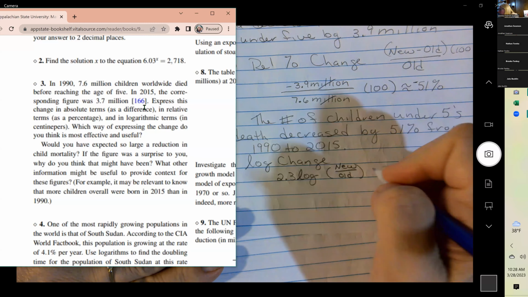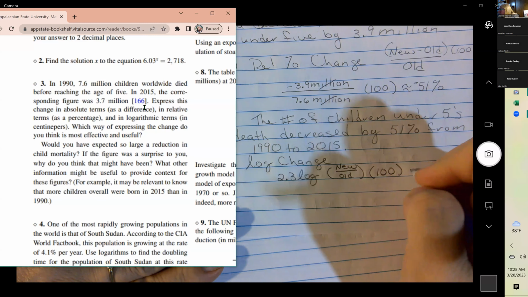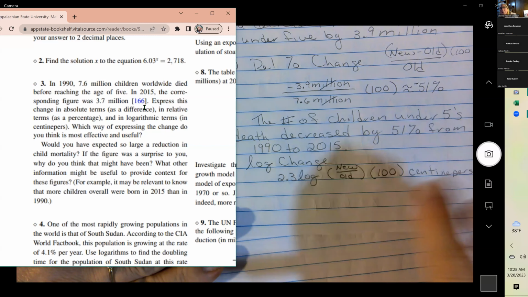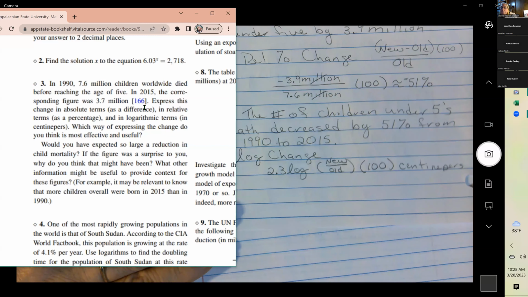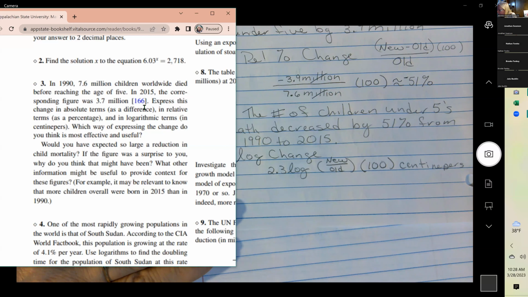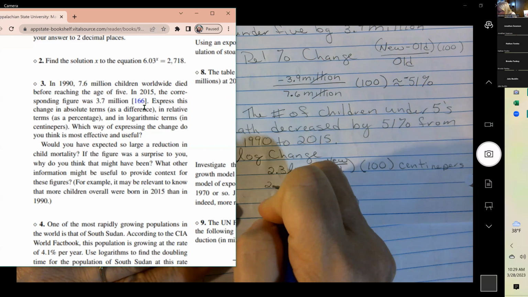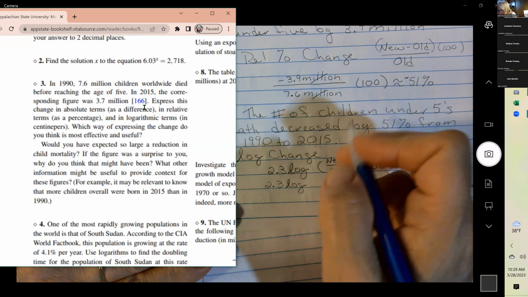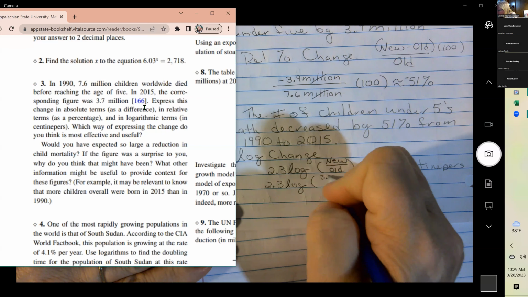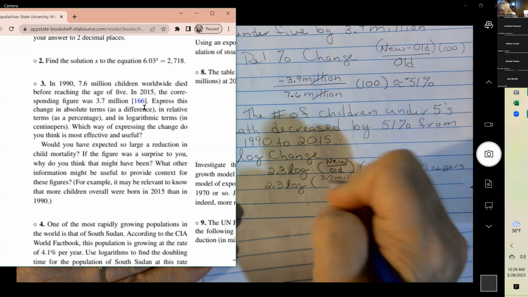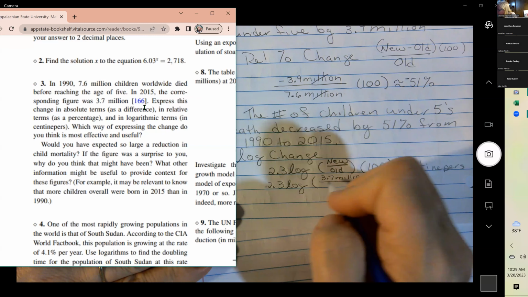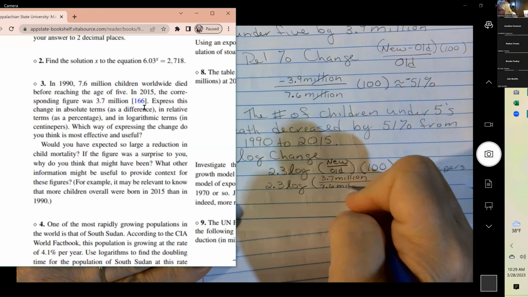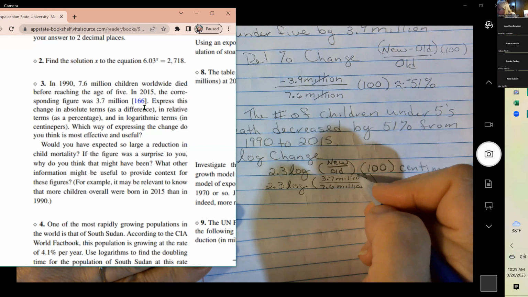And if you want to make it go right into the sending neighbors, since that's what they wanted, you can multiply by 100. New was 3.7 million children's deaths, and the old was 7.6. Units all cancel here.